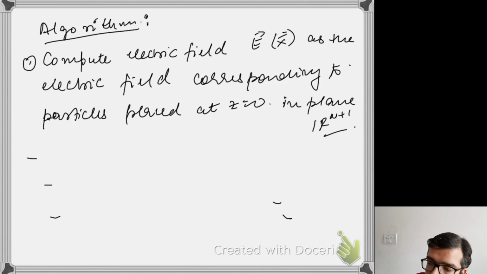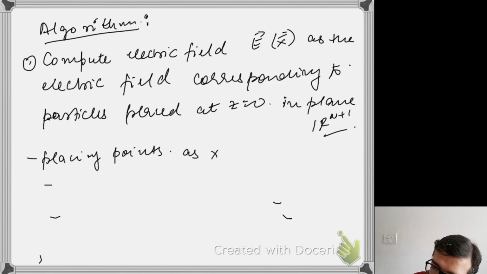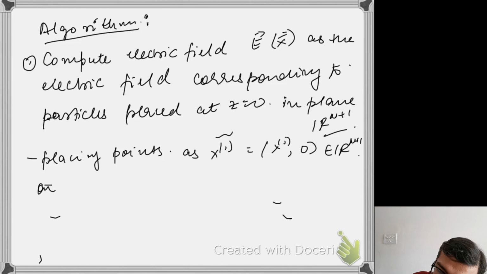Right, so basically each particle is assumed as a unit charge. So placing points as x_i tilde, which equals (x_i, 0) in R^(n+1) on the z equals 0 plane.